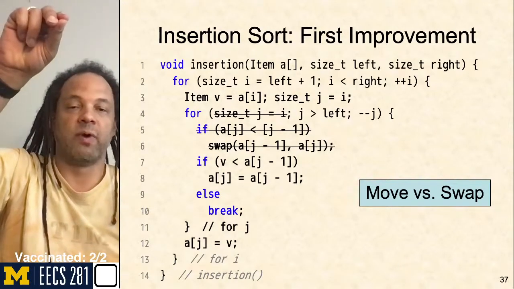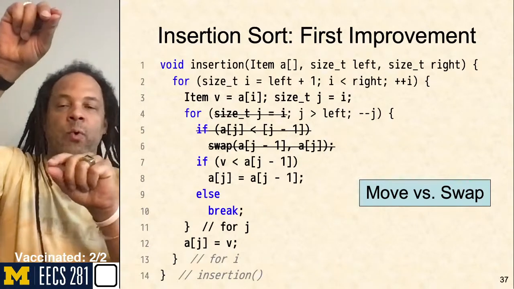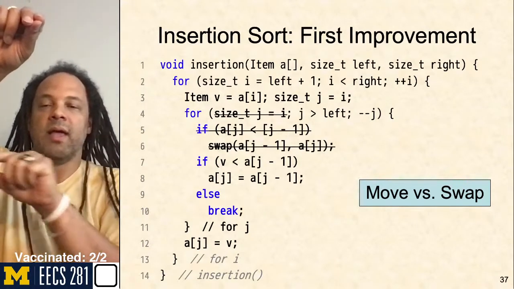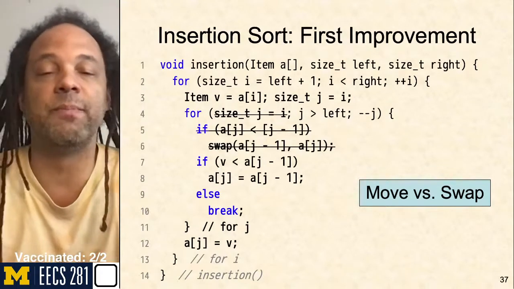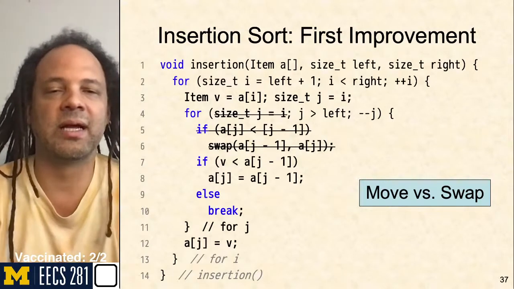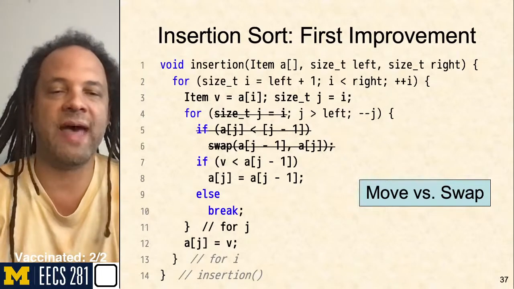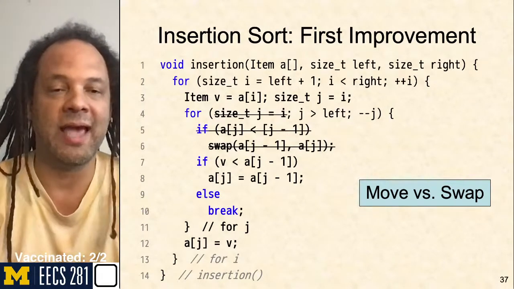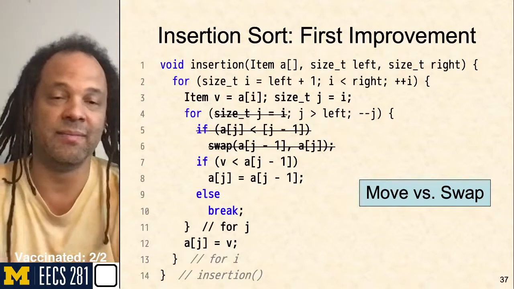So there's my first write. Then I'm going to move things over one at a time where they belong. And then when I'm done, I can write the thing that was to be put in place where it belongs. So what this does is it reduces the number of writes that I have to do. With that move, I've got the 1 out, and then I can move the 9 over, and I can move the 1 back in.